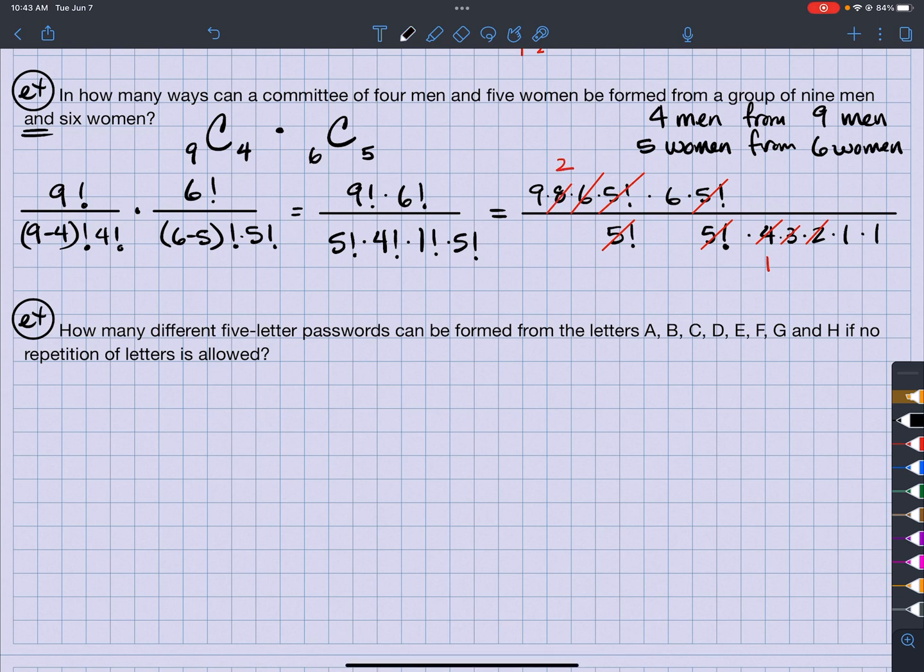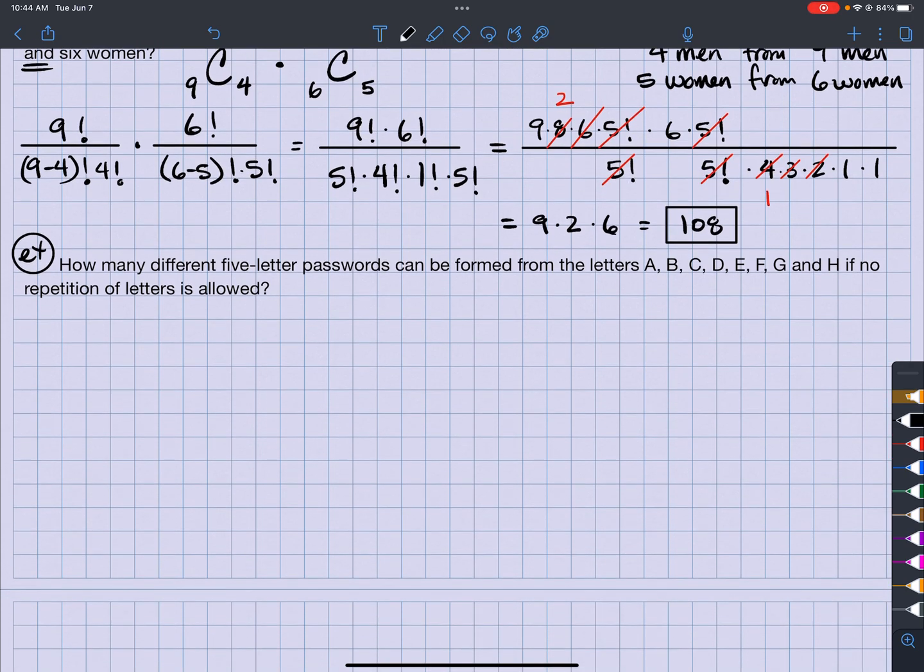So what I have left over is the bottom all 1s, and the top is 9 times 2 times 6, which is 108. And there we go.